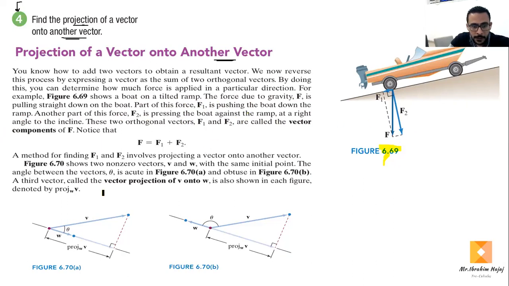Okay, and here's how to find the projection. Listen carefully, to make it easy. We have to analyze this vector F due to gravity into the sum of two force components, and then find the projection.